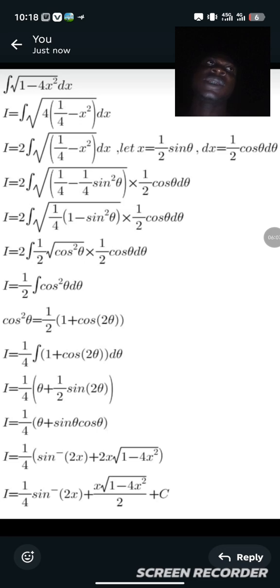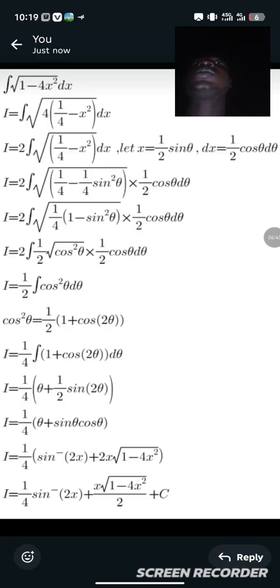Then to get our adjacent side, using Pythagoras' theorem, the adjacent side is going to be the square root of hypotenuse squared minus opposite squared, which is the square root of 1 minus 2x all squared, which should now be square root of 1 minus 4x squared. So that's the adjacent side.